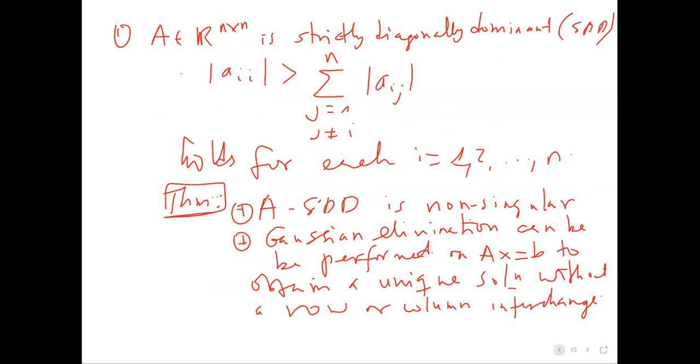If you have a strictly diagonally dominant matrix which is non-singular, then you can do Gaussian elimination and get a unique solution without doing any row or column interchange.